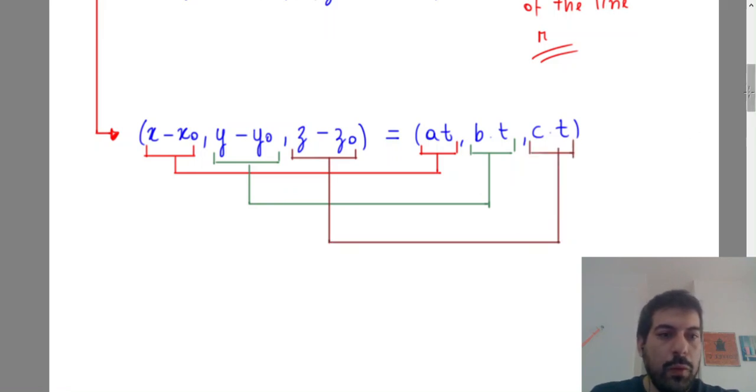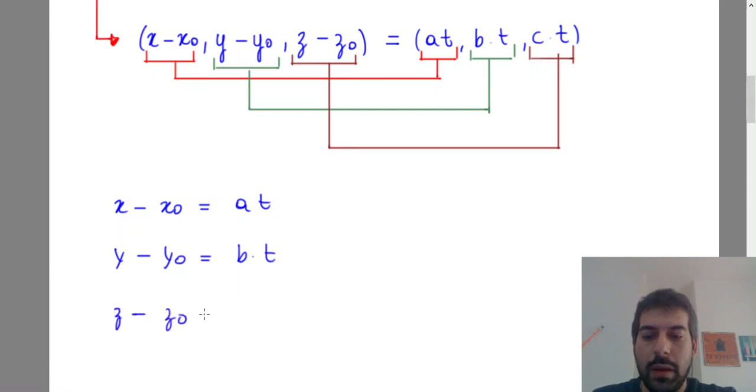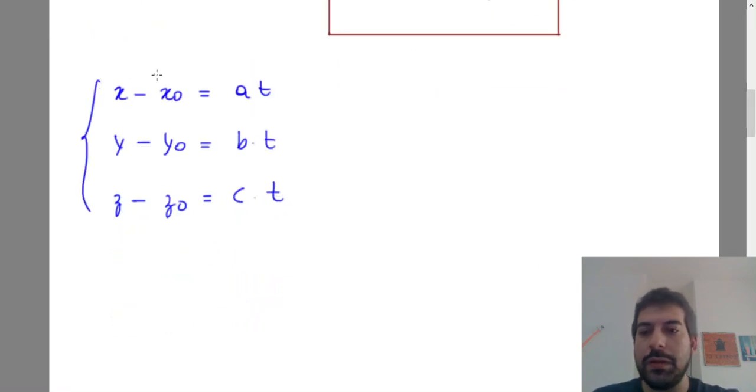If we write this, we have that x minus x0 will be equal to at, y minus y0 will be equal to bt, and z minus z0 is equal to ct. We have a system of equations here, and in each equation, I will send this term to the right side.